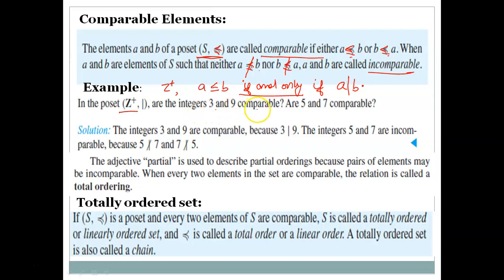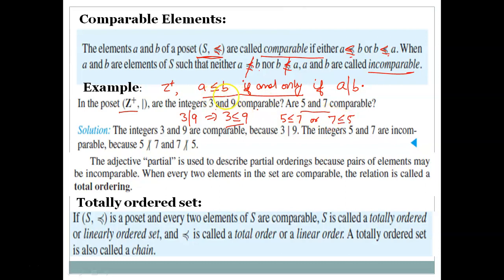Let us see these two elements. 3 and 9 are comparable. Why? Because 3 divides 9, it is true. When 3 divides 9, then according to this relation, we can write 3 is less than equal to 9. Therefore, 3 and 9 are comparable. Now let us look at another pair of elements. 5 and 7 are not comparable. These can be comparable if I can write 5 less than equal to 7 or 7 less than equal to 5.